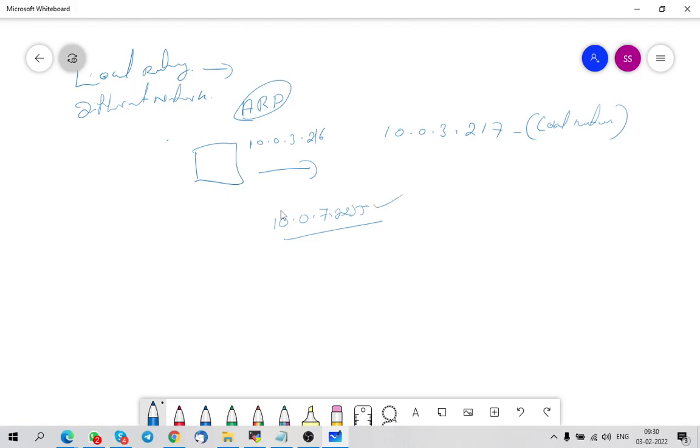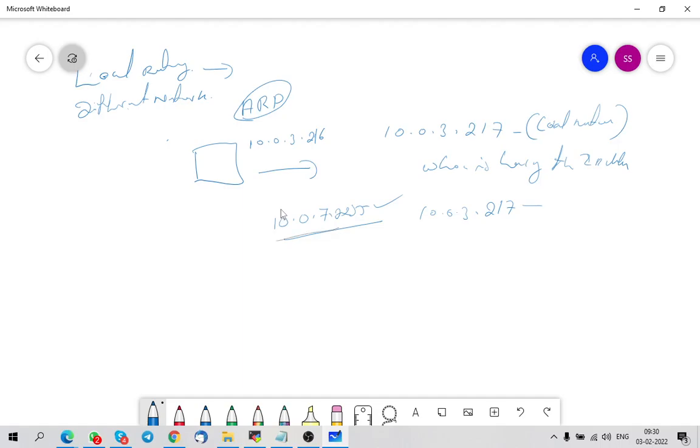An ARP request is, in simple words, like: who has the IP address 10.0.3.217? It will broadcast to all the devices connected to this local network.